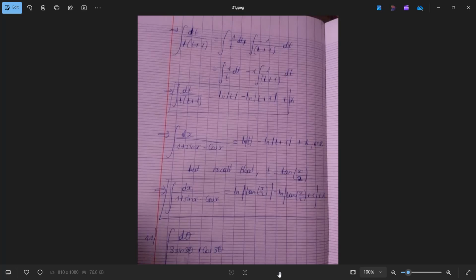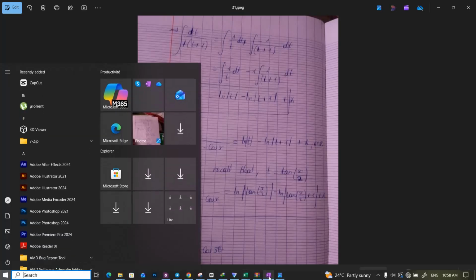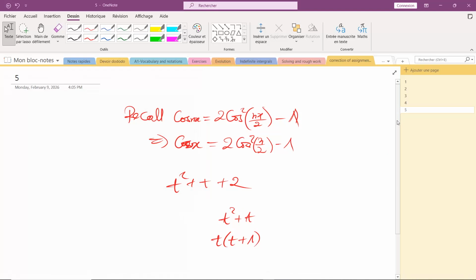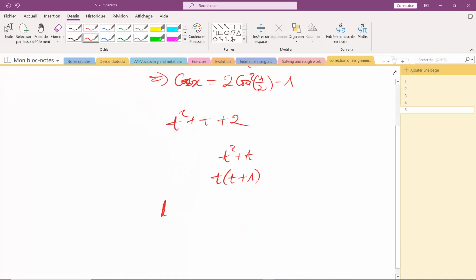This is ln of a minus ln of b. Why do you not write it in a more simpler form instead of leaving things like this? You have ln of the absolute value of t minus ln of the absolute value of t plus 1.